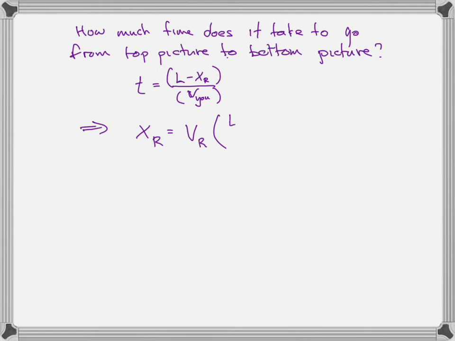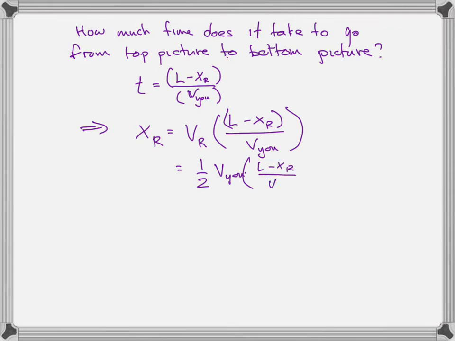So therefore, x raft, which is equal to the speed that the raft moves times the time that the raft moves, is this. And we also know that v raft is 1/2 of vu. And so we know that x raft is equal to L over 2 minus x raft over 2.